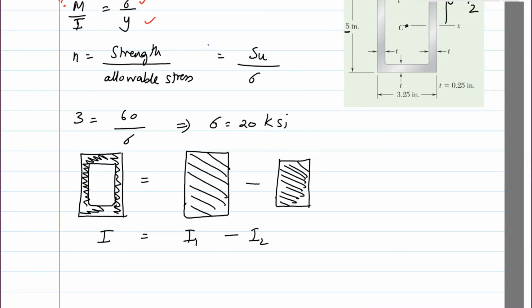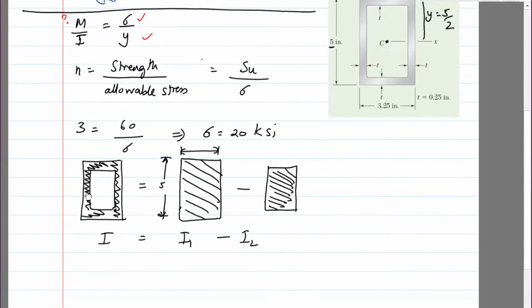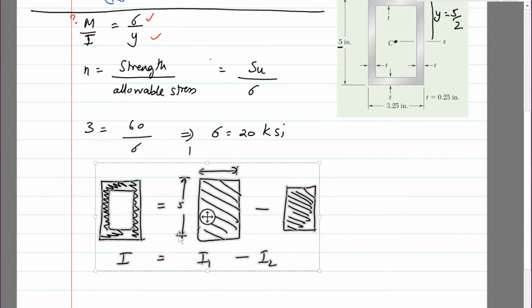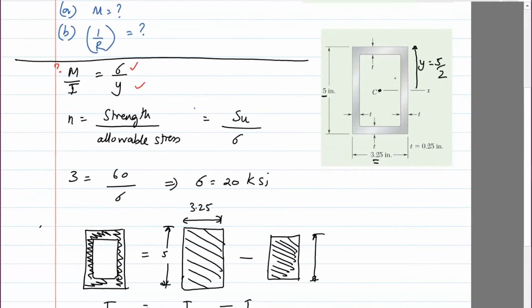So you can see that the dimensions of this are 5 and the bigger length is 3.25. Here we have the smaller length.